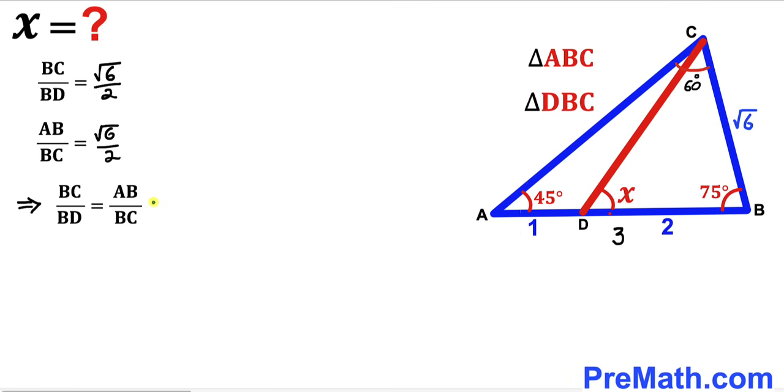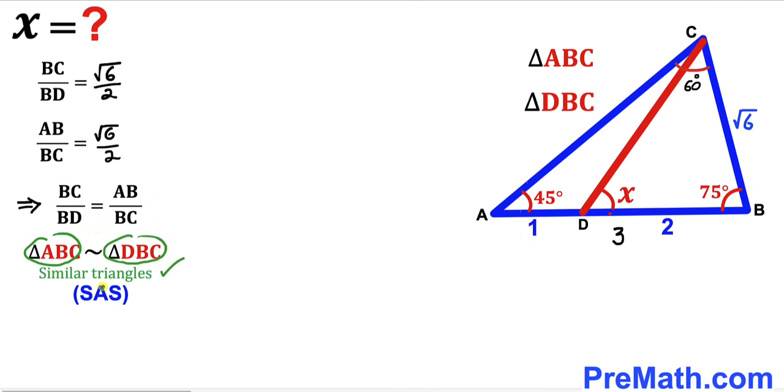And since we end up with this proportion, we conclude that these two triangles, triangle ABC and the other triangle DBC, are similar triangles according to the side angle side similarity theorem. And since these two triangles are similar, we conclude that this angle X is going to be equal to this angle ACB.